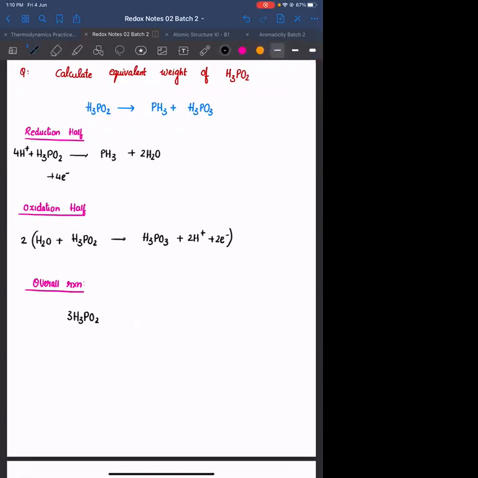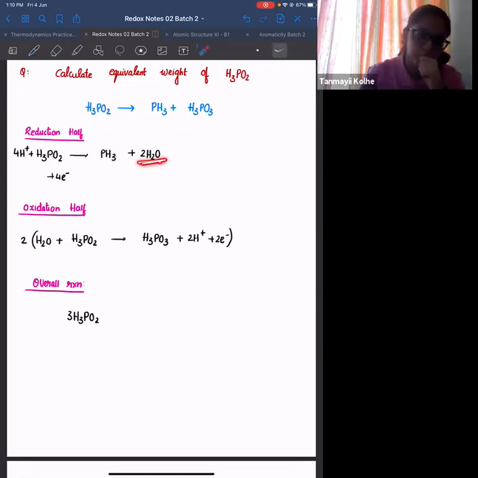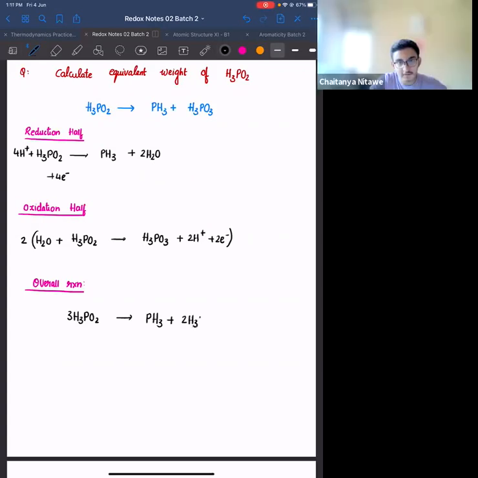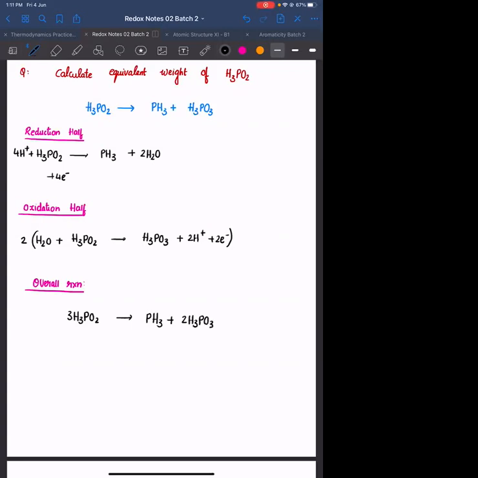On the left hand side you have 2H2O. यहाँ पे भी आपको 2H2O है, H2O भी कैंसिल हो जाएगा. So it is 3H3PO2 gives rise to PH3 plus 2H3PO3. I hope this is balanced then. It is balanced, right? Okay.